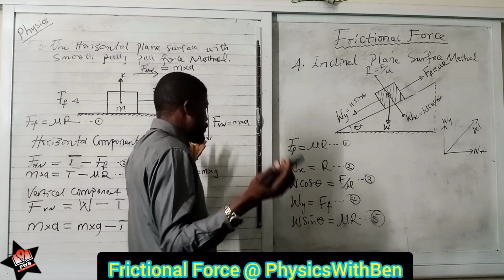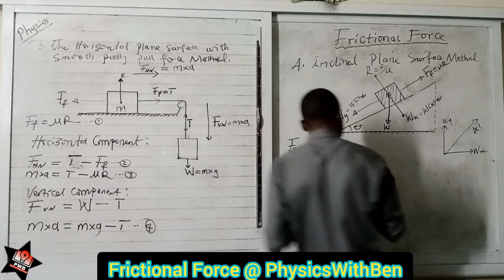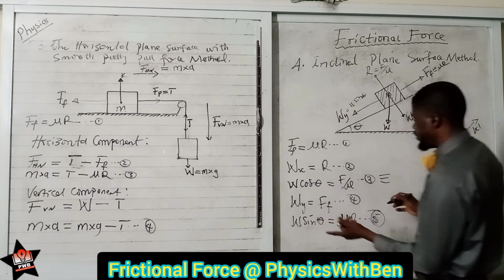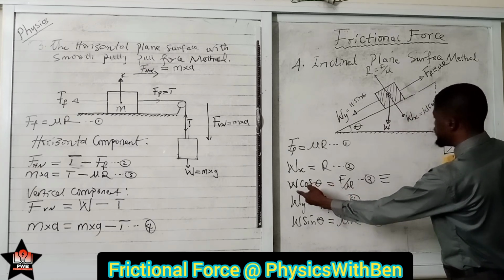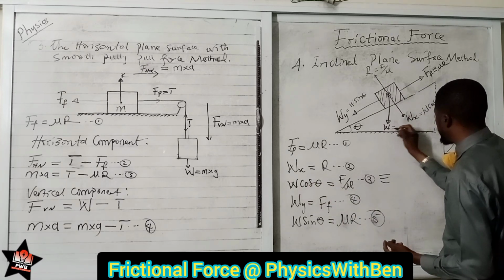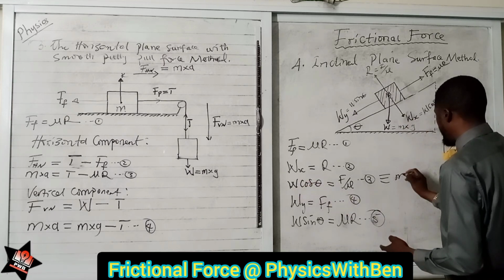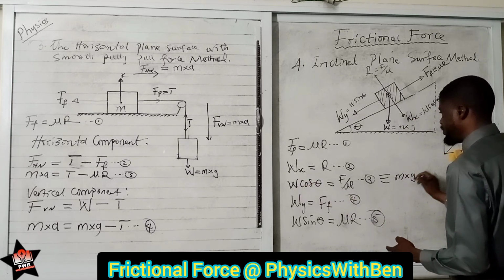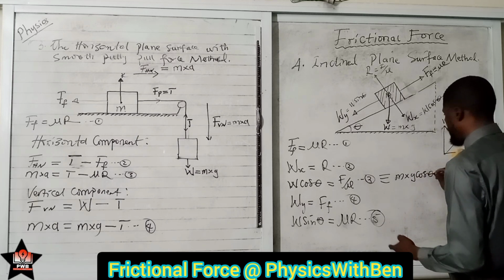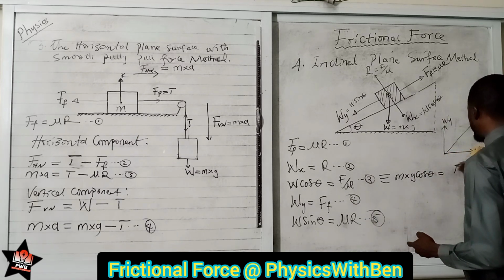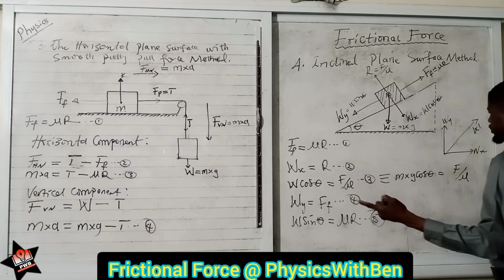If you can still move on, you can still write that W means mg, right? This is the same thing as mass times gravity. So write that mass times gravity cos theta is equal to F all over mu.